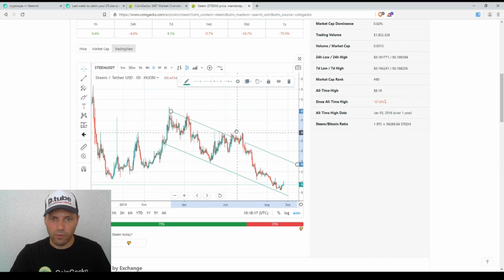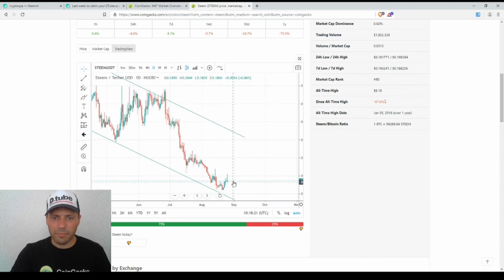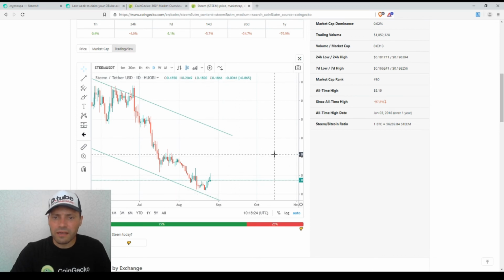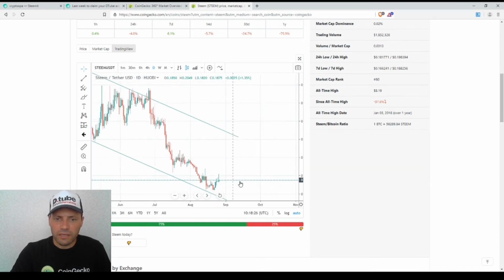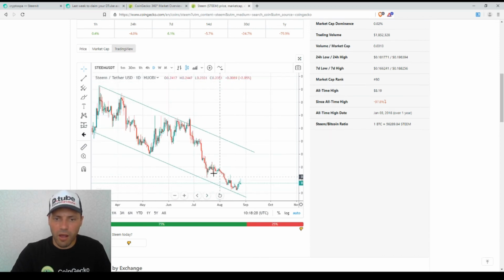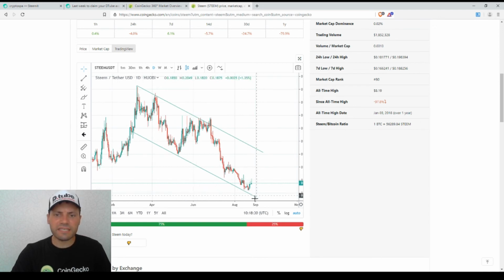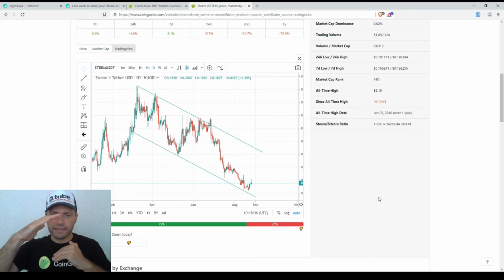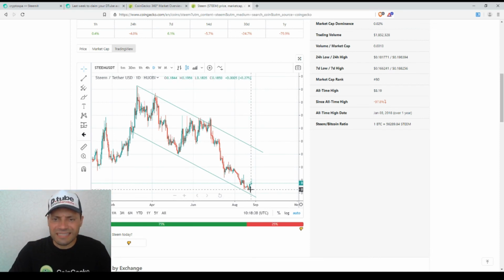I mentioned last week a couple of times that probably very close to this lower line we will see some kind of rebounds, but they will still be within the descending channel.